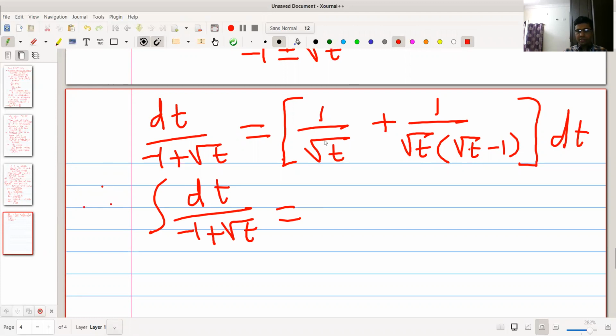It is the integral of root t, so t raised to minus 1 by 2. So you can say that it is 2 times square root t plus log of root t minus 1.